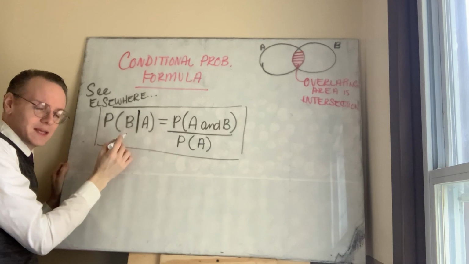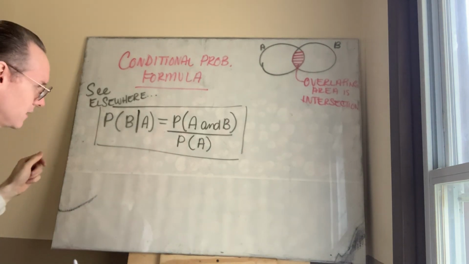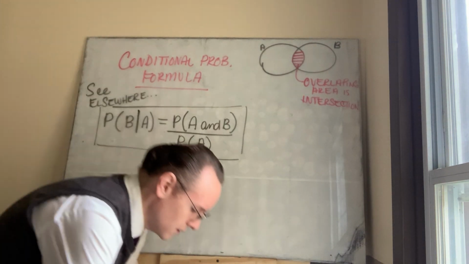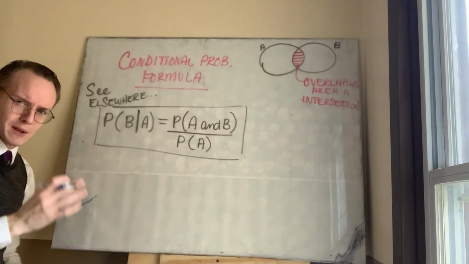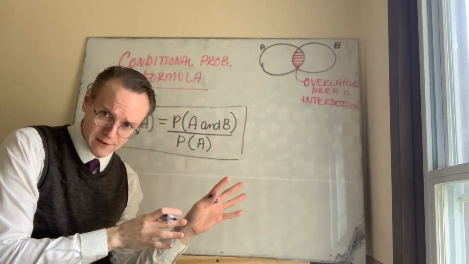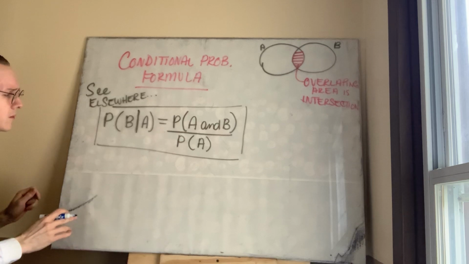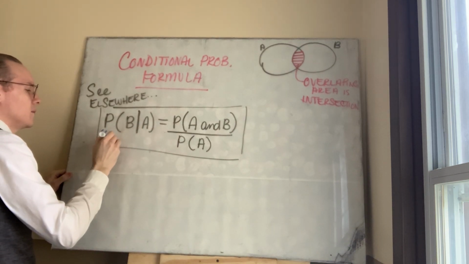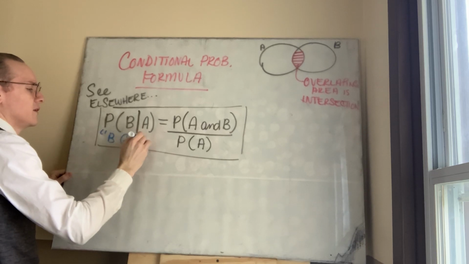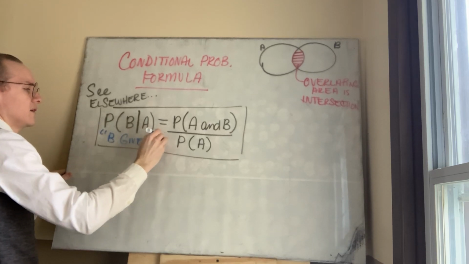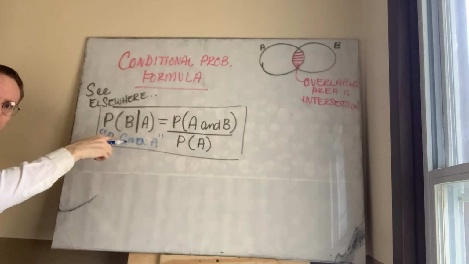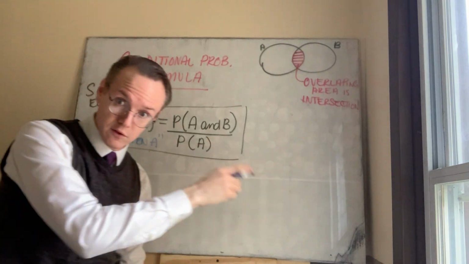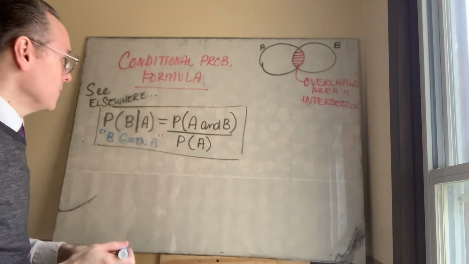That means that B is affected by A. So it has some kind of similarity already to dependent probability, all right. You would read this as B given A. The condition of B given that A has occurred, or that A is part of the situation.